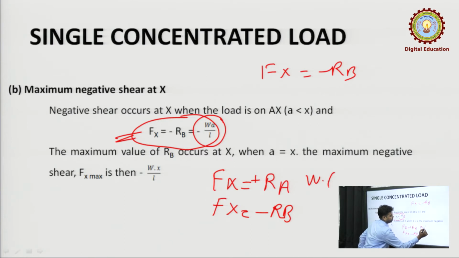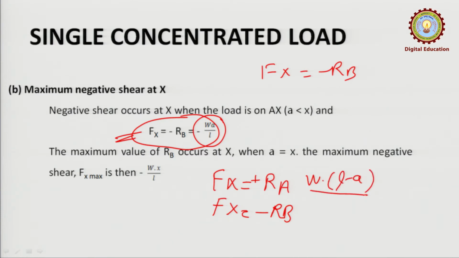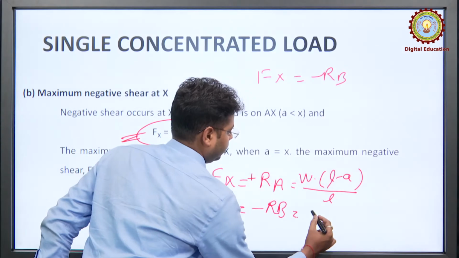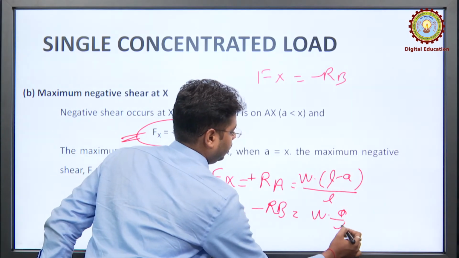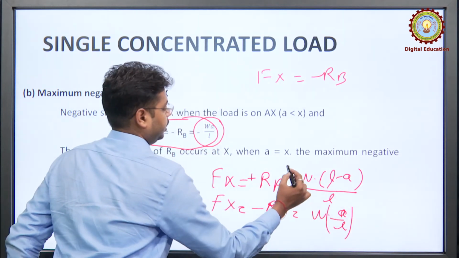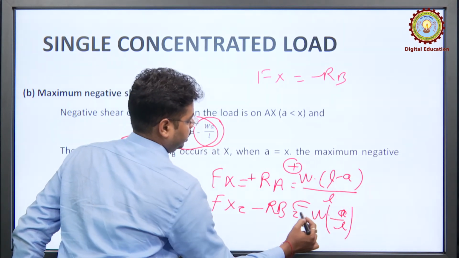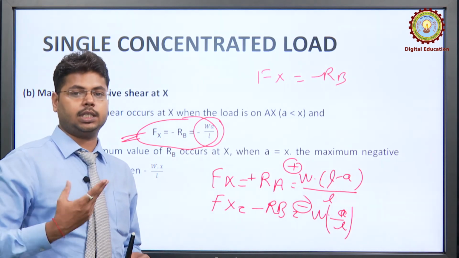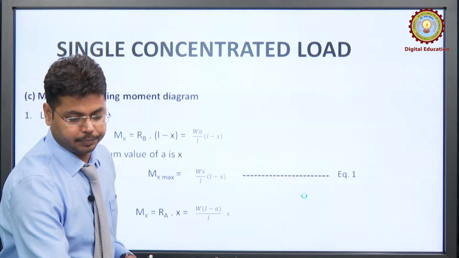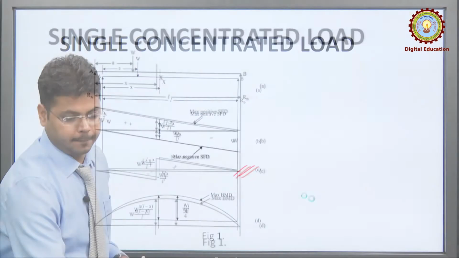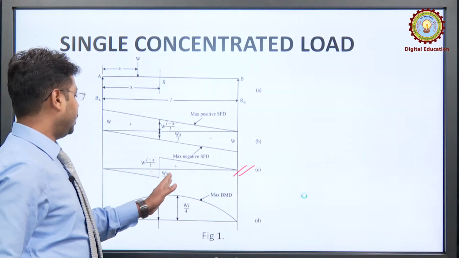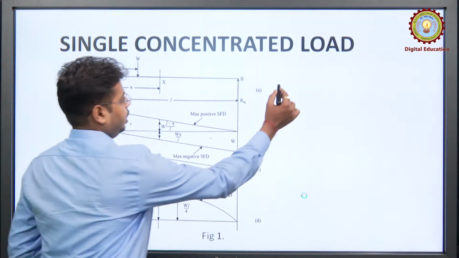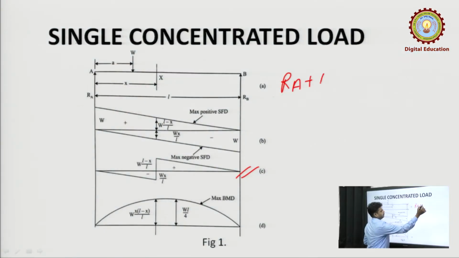That means W into L minus A upon L, and W into A upon L. This is positive and this is negative, and now we can easily draw an influence line diagram. We have Ra plus Rb equal to W. Put these two values of Ra and Rb.